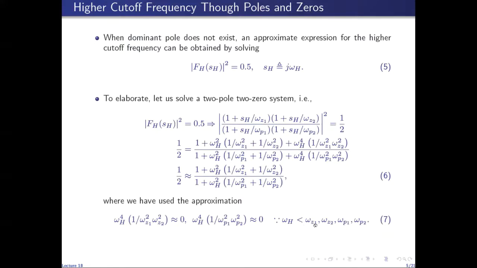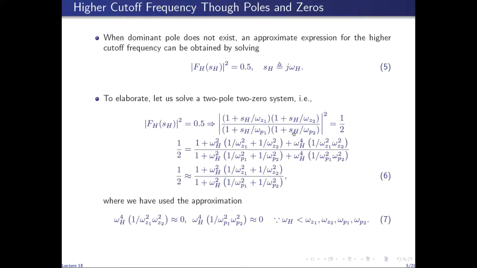So omega H over omega ZK or omega H over omega PK will be less than 1 for all k. This means that omega H raised to the power 4 over omega Z1 square, omega Z2 square, as well as omega H raised to the power 4 over omega P1 square, omega P2 square, both of these terms will be much smaller than 1.